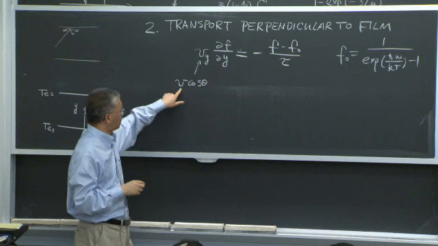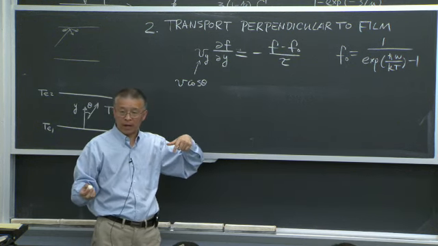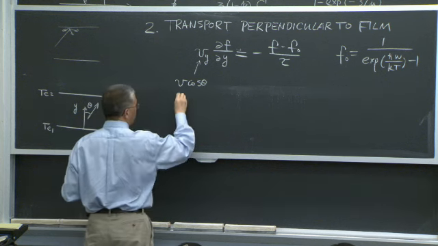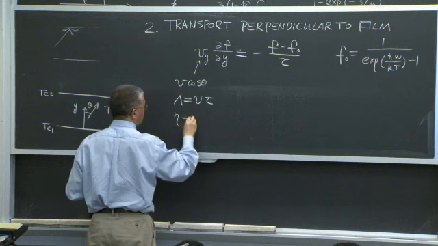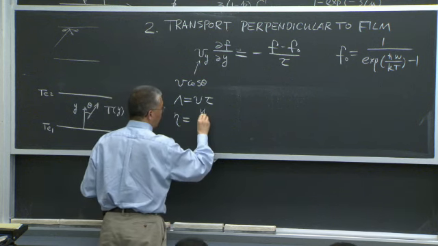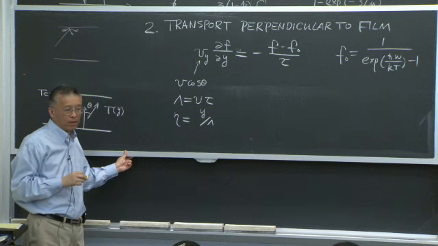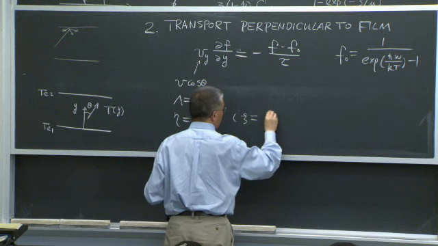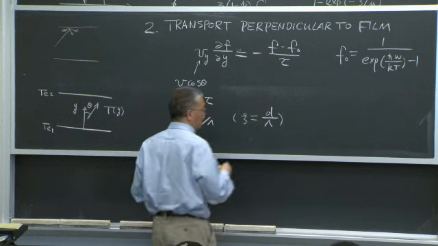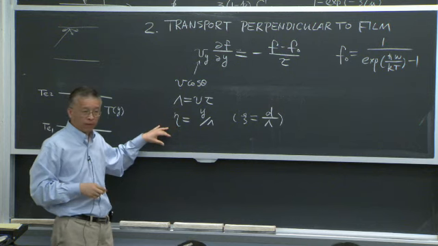And V times tau gives the mean free path, so the mean free path is V times tau. I define a non-dimensional variable eta equals y over mean free path. In the previous one, it was d over mean free path, normalized to the thickness, but this is an arbitrary coordinate y.